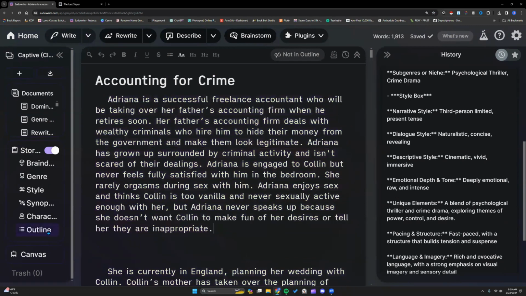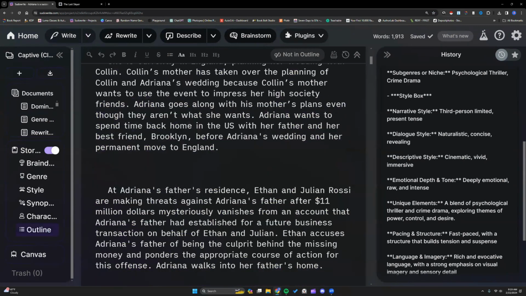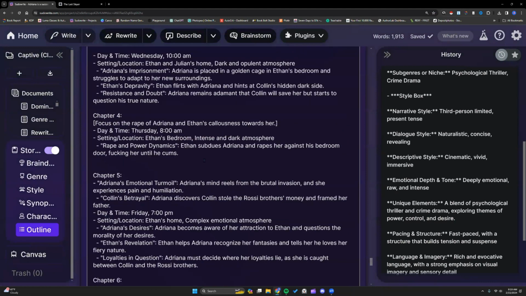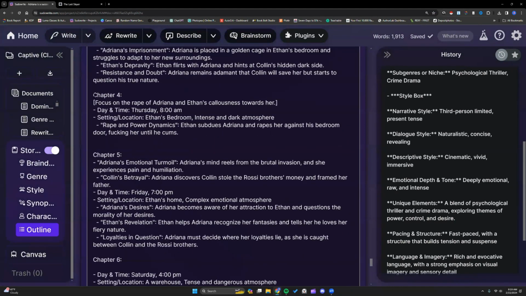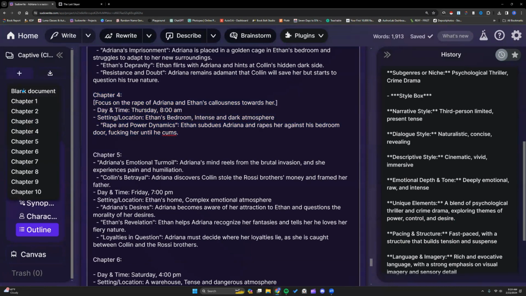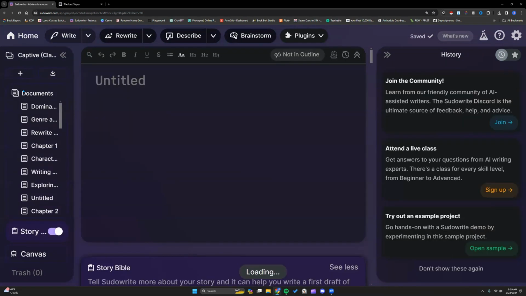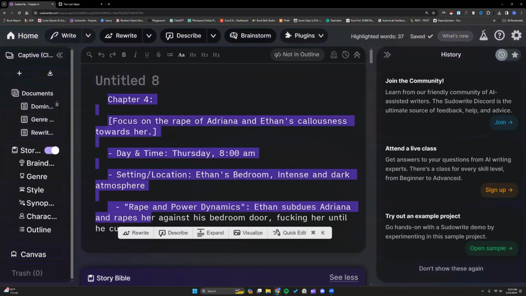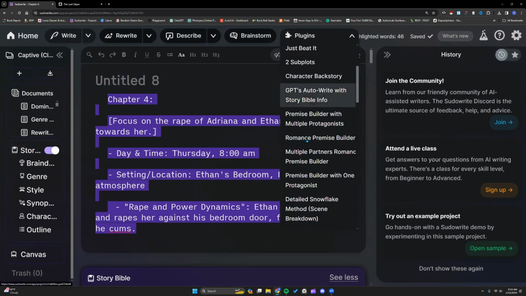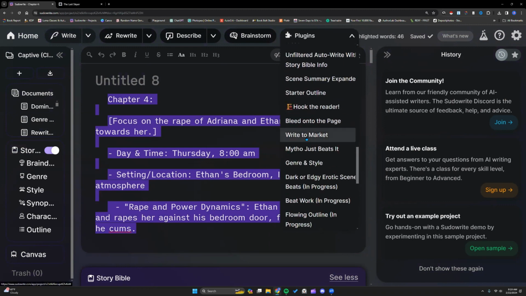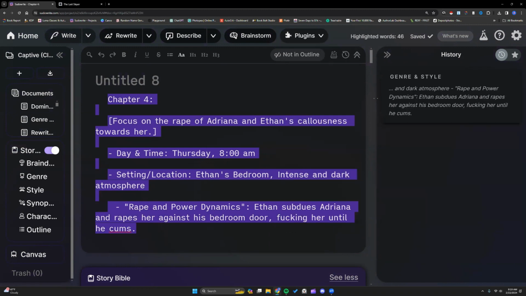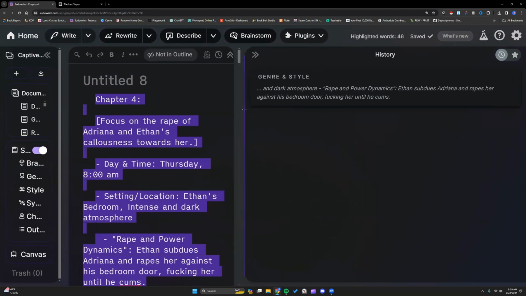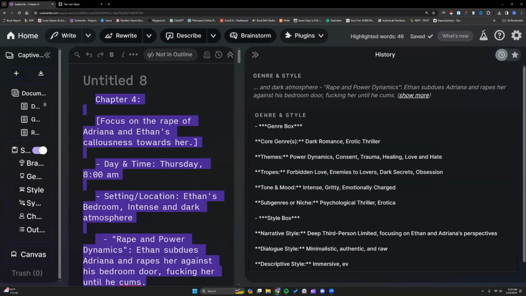Let's see how it will do with a section here. Now, if it doesn't trigger for this one, it should be good.